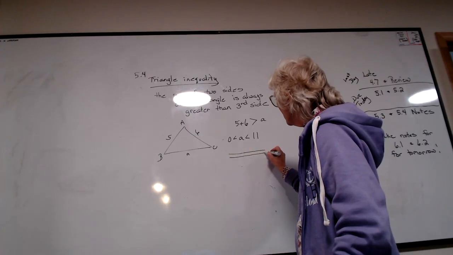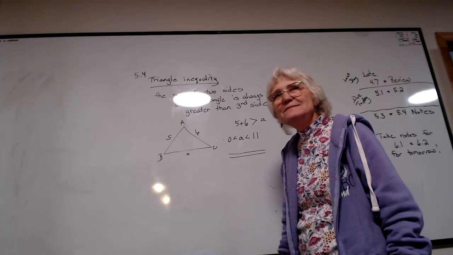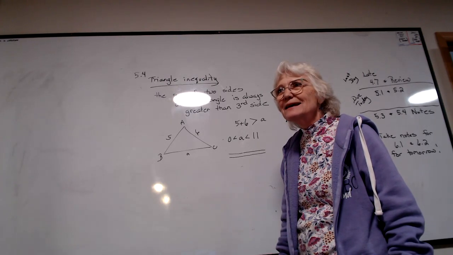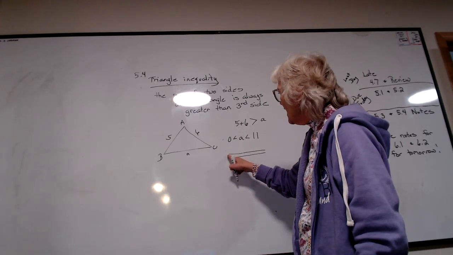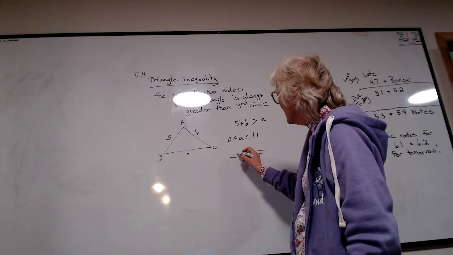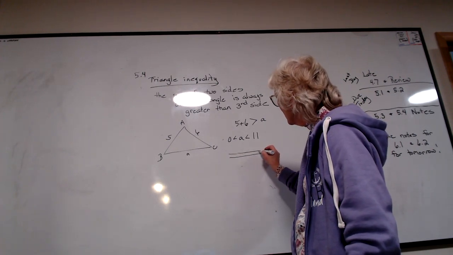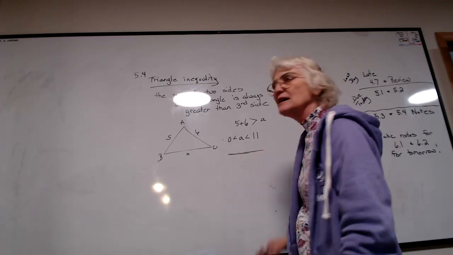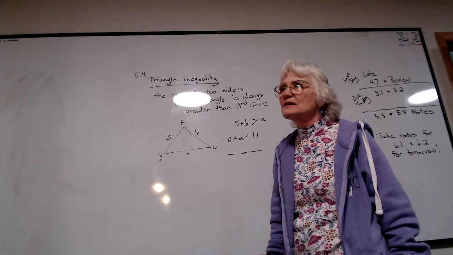So what kind of triangle does that make? It makes a straight line, doesn't it? If I have 5 and 6 and my other side has to connect, I'd have to go right back on that line. So I would just get a straight line, which is not really a triangle.